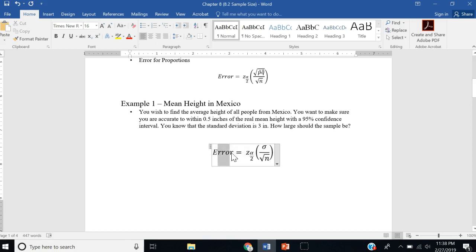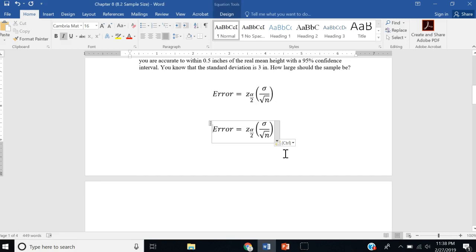Now, this says that the error is equal to z of alpha over 2 times the standard deviation divided by the square root of n. So what I'm going to do is plug in what I know. We want the error to be within 0.5, a half of an inch.